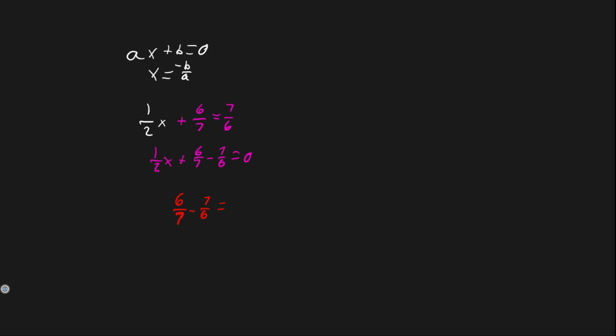And with that, we're going to multiply 6 over 7 by 6 over 6, giving us 36 over 42, and 7 over 6 by 7 over 7, giving us 49 over 42.